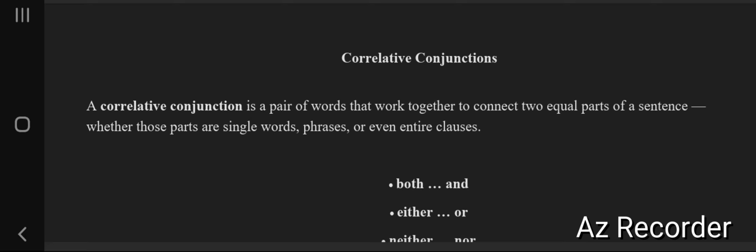So, a correlative conjunction is a pair of words that work together to connect two equal parts of a sentence, whether those parts are single words, phrases, or even entire clauses.